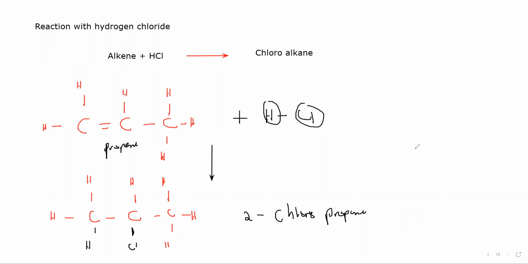The 2 means chlorine is not attached to the first carbon but to the second carbon. Is it clear? If I attach chlorine to the first carbon and hydrogen to the second, then it will be 1-chloropropane. But 2-chloropropane and 1-chloropropane are different, because the number shows the position of the chlorine. Is it clear?